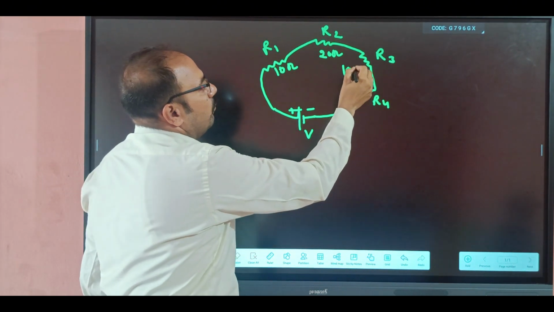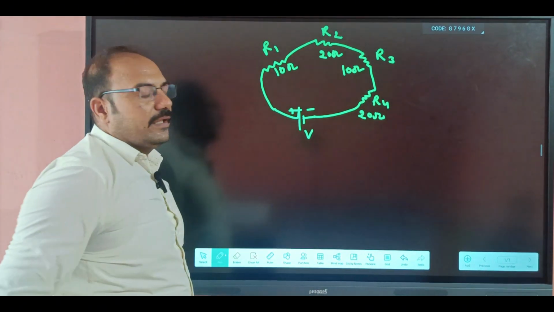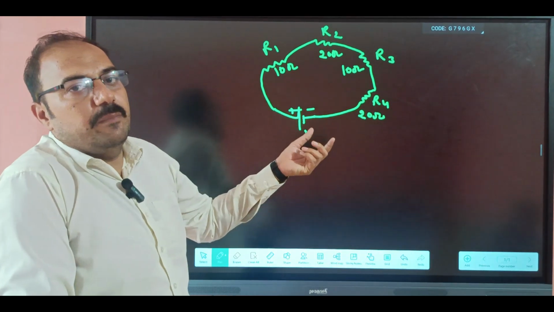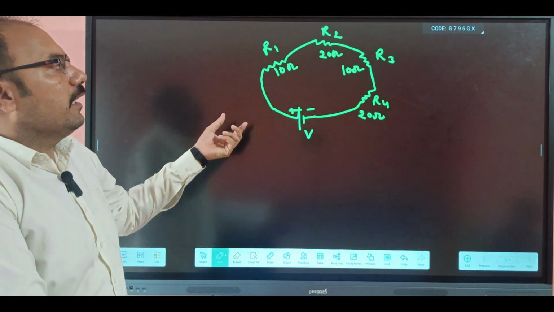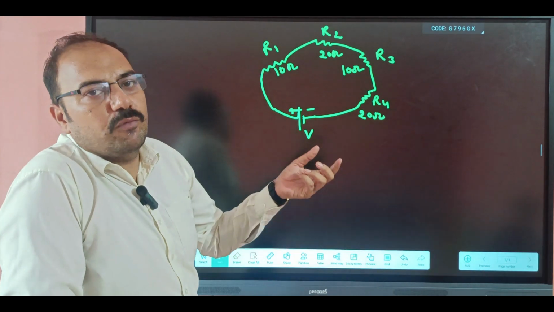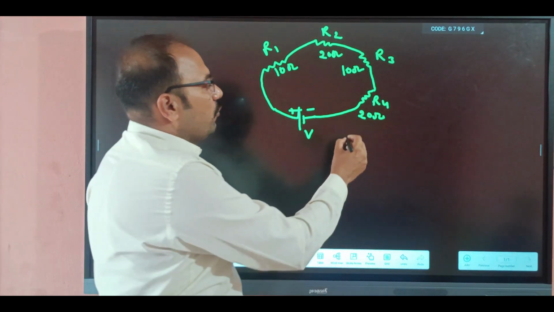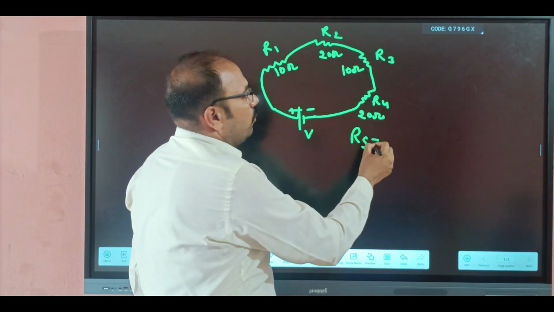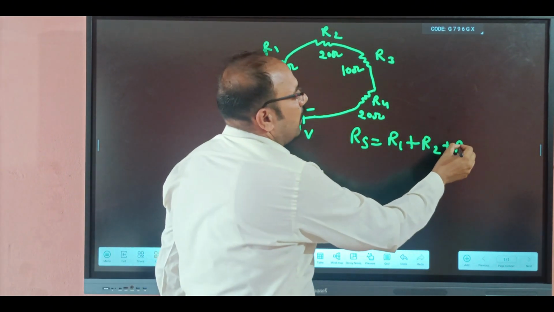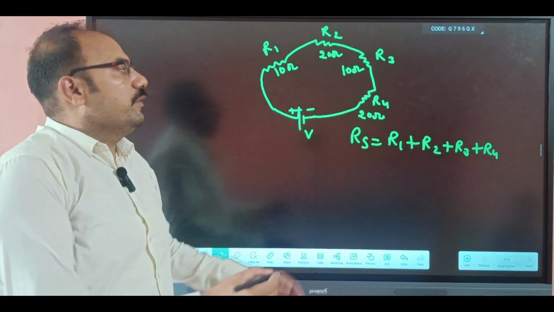This is an example of a series combination. The parallel formula is not applied here; we apply the series formula. The series formula is Rs is equal to R1 plus R2 plus R3 plus R4, because this is a series combination.